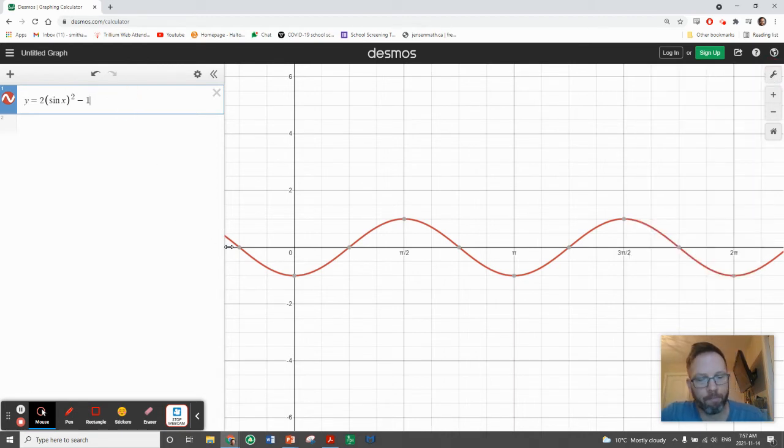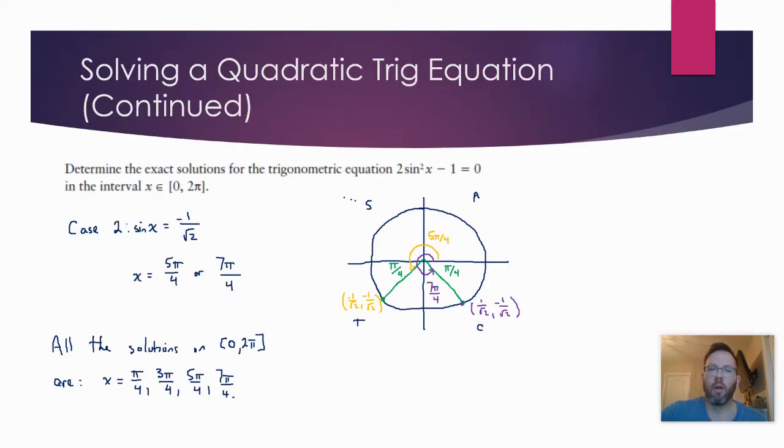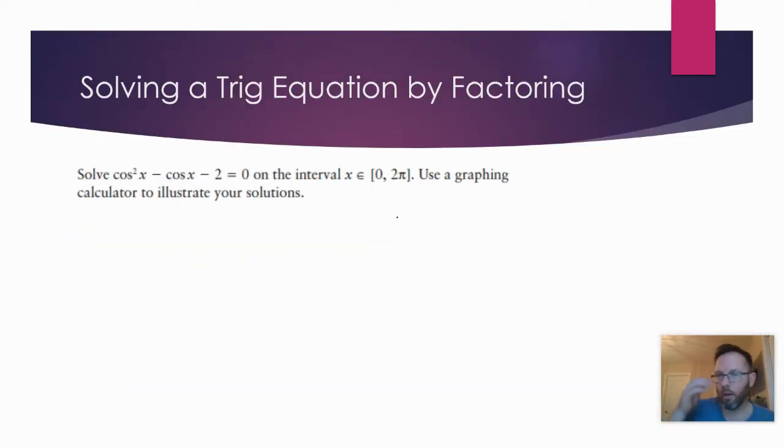So let's continue. Okay, a question we're going to do right now that's similar in a way, but different in another way. Here we have a quadratic trig equation because we have a cosine squared in it. We also have a cosine in it.